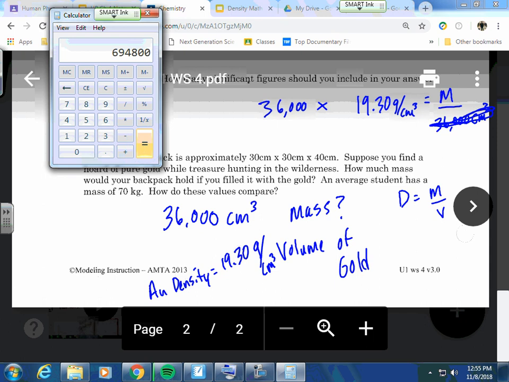And so that tells me I would get 694,800 grams would be the mass of that. Okay?